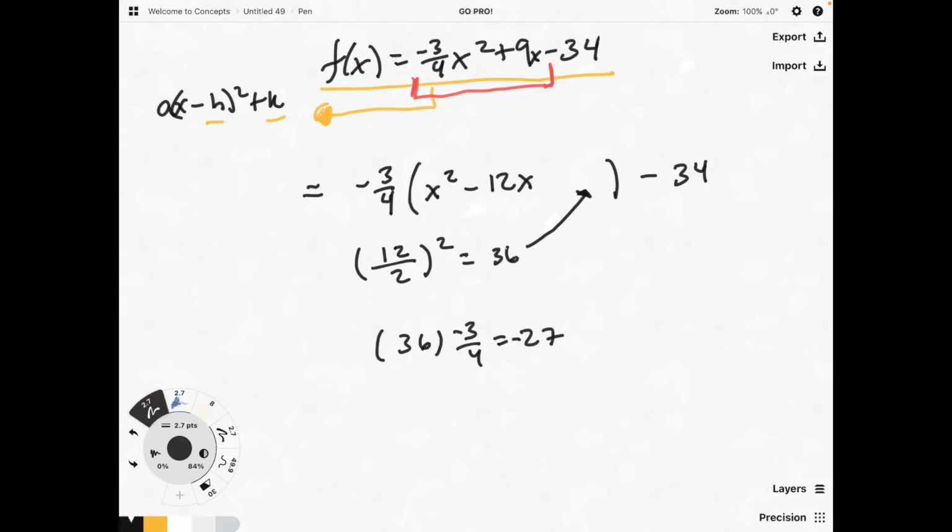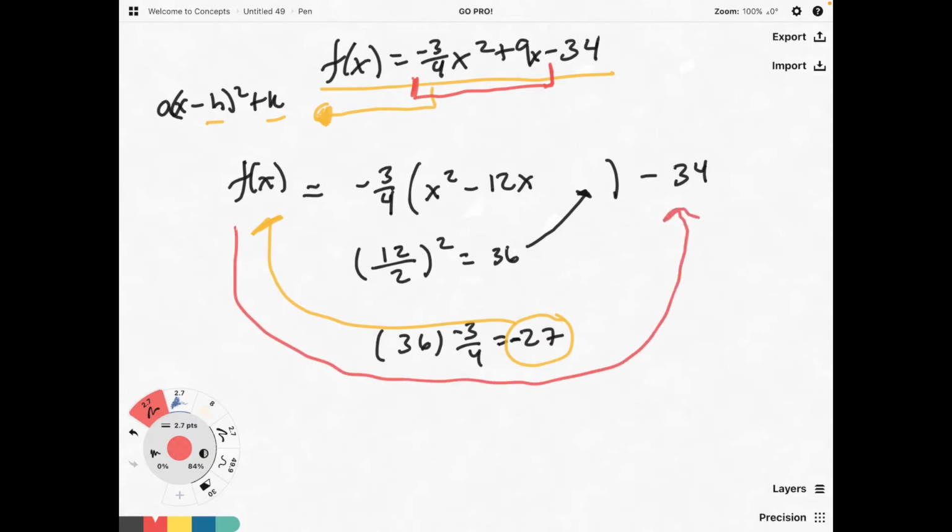And don't forget that negative sign. So really, we've added a negative 27 to this side, so we need to add a negative 27 to this side. Because remember, this is actually equal to f of x. And because we want to keep everything on the right-hand side, this negative 27 that was added, we're actually going to move over and add it back to the 34.